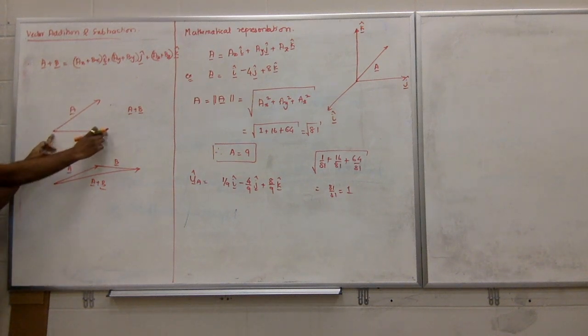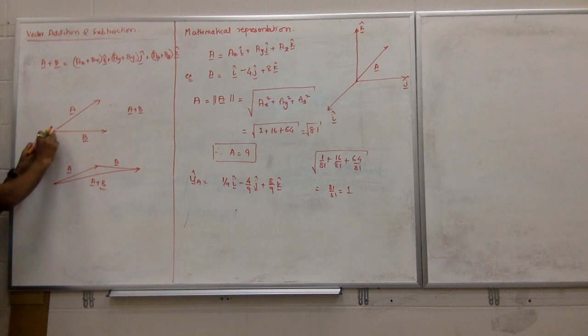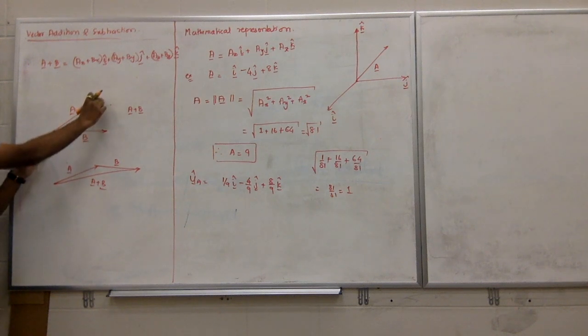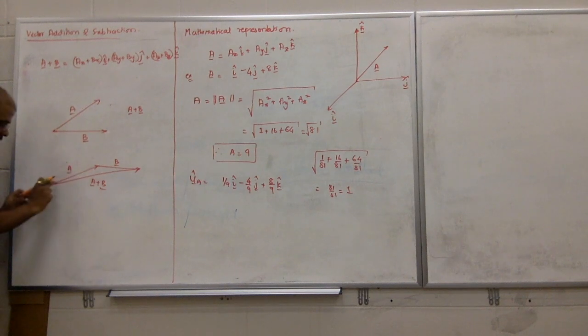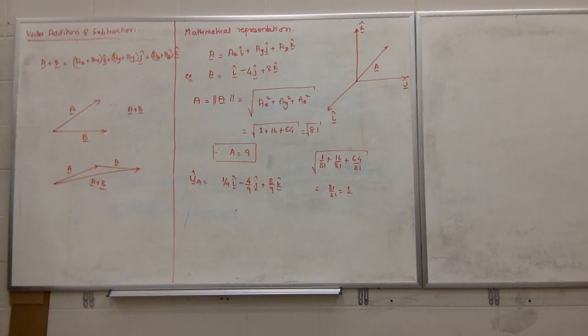I took this, I attached the tail of vector B to the head of vector A. And then I join the tail of vector A and head of vector B. That is A plus B.